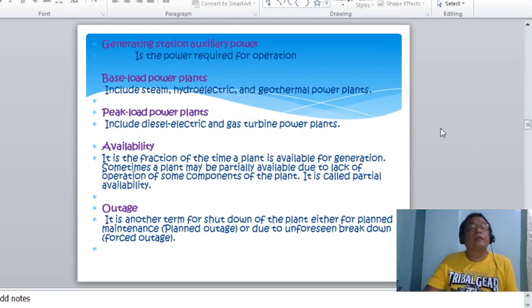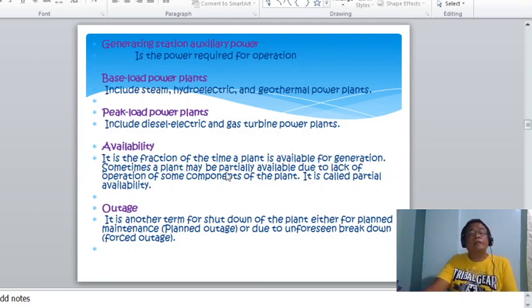Generating station auxiliary power: what is this? It's the power required for operation. Another, we have the so-called availability. It is the fraction of the time a plant is available for generation.